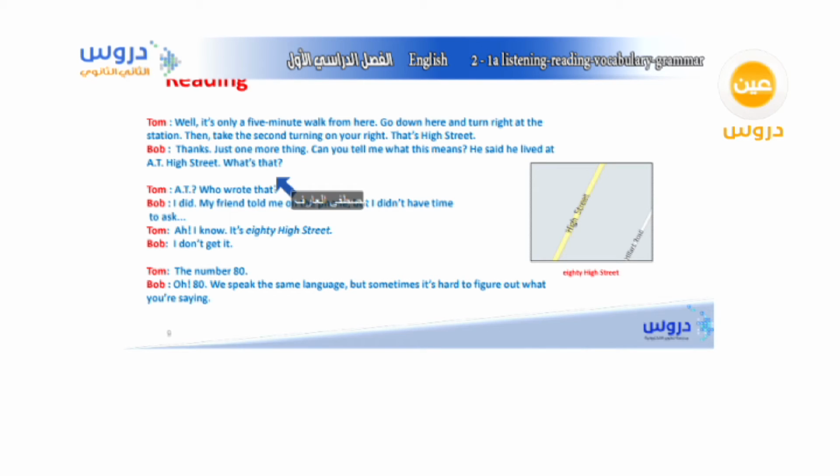What's that? Tom, 80? Who wrote that? Bob, I did. My friend told me on the phone, but I didn't have time to ask. Tom, I know. It's 80 High Street. Bob, I don't get it. Tom, the number 80. The number 80. Bob, oh, 80. We speak the same language, but sometimes it's hard to figure out what you're saying.